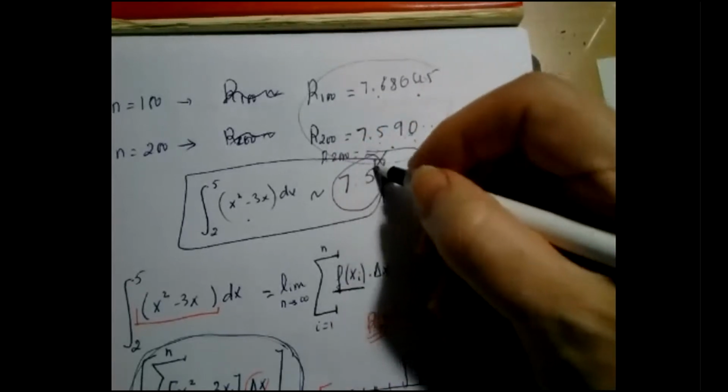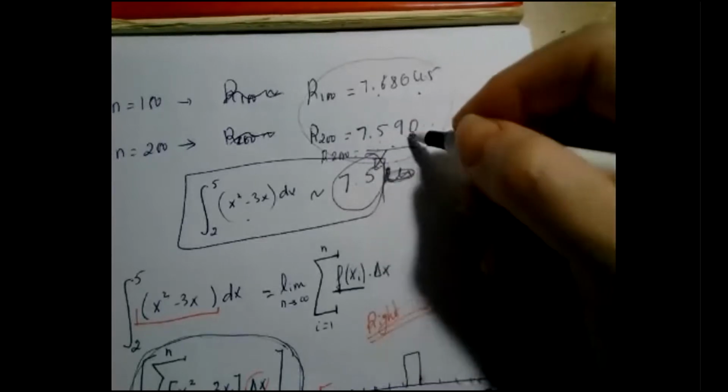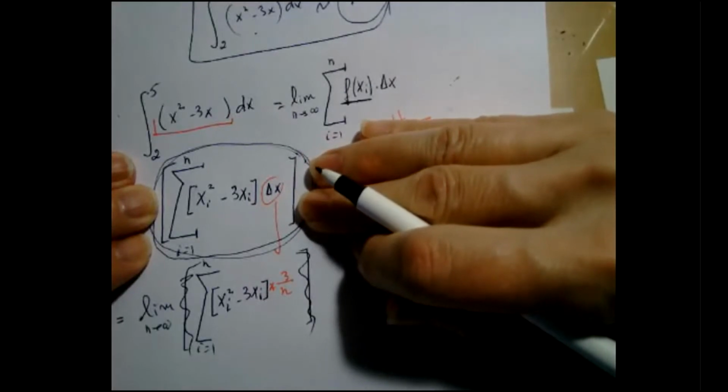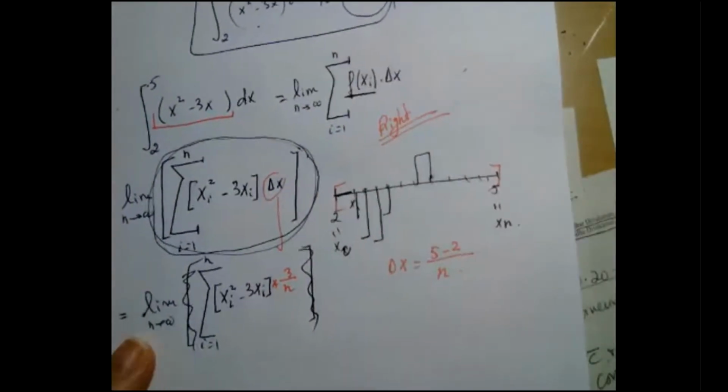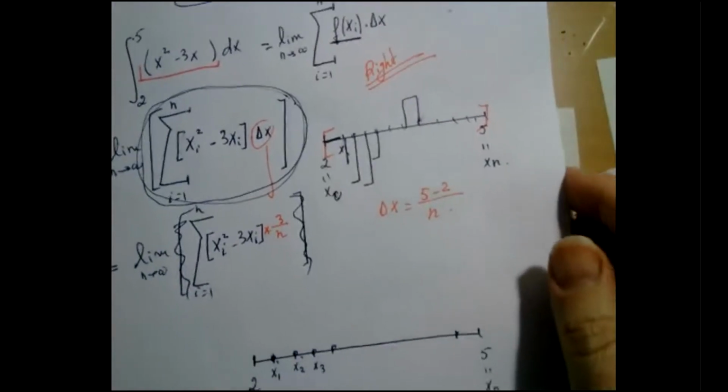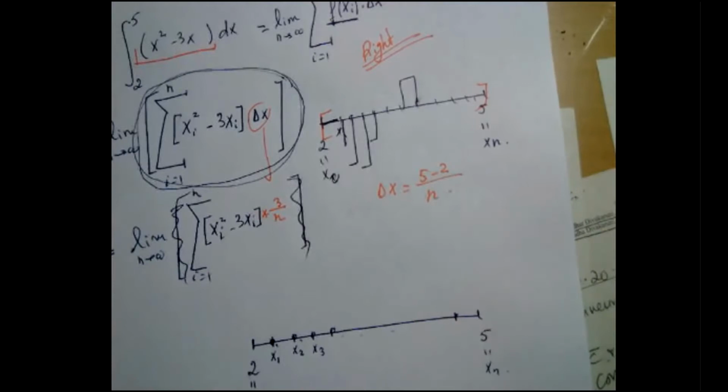And then I realized, no, I'm getting 7.5, not 7.59. So the idea of a limit means you compute the sum for larger and larger n. Any other questions? And the definite integral is exactly what you see: exactly the sum is this. Any more questions before we move on to the last piece of the review?